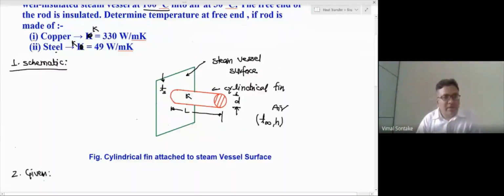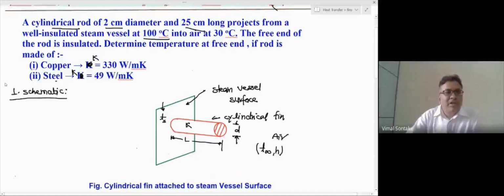After drawing this schematic, let us enlist all the given things. It is given a cylindrical rod of 2 centimeter diameter and 25 centimeter long projects from a well insulated steam vessel at 100 degrees Celsius into air at 30 degrees Celsius.